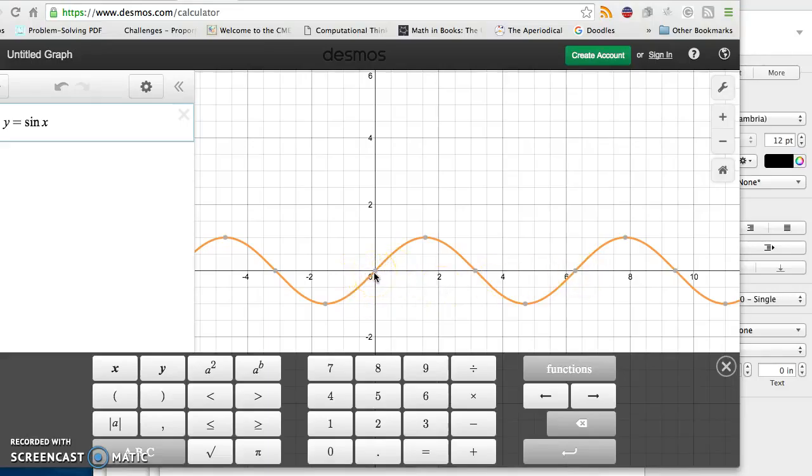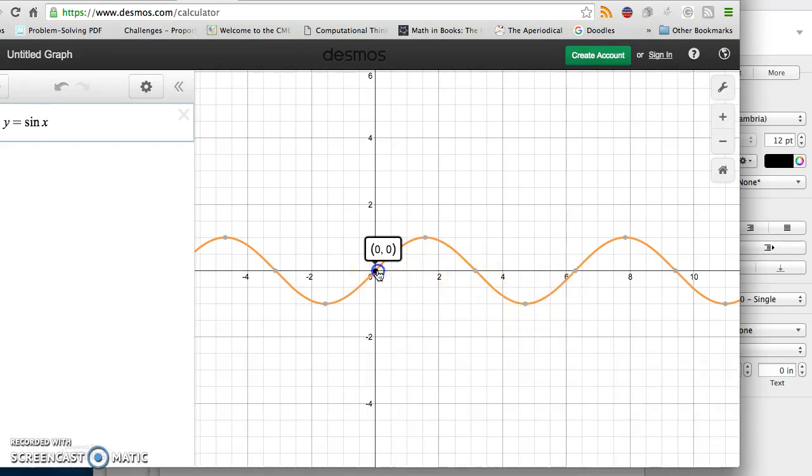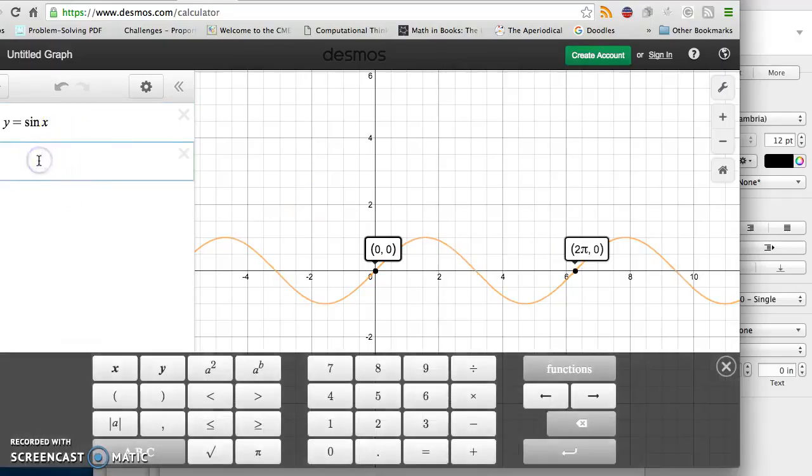Why isn't the period from here to here? Because the period has to include everything that happens, the hill and the valley. From the beginning to the end of the hill and valley, you get 0 to 2 pi. So for y equals sine x, the amplitude is 1 and the period is 2 pi.